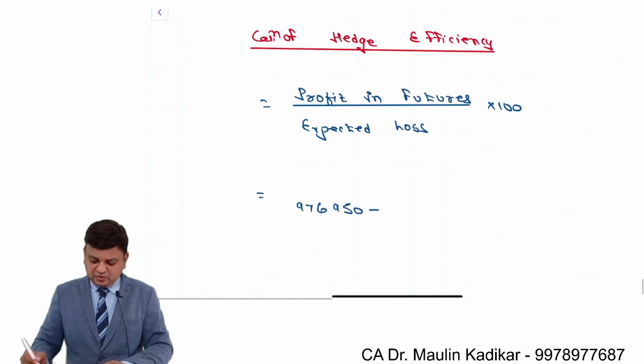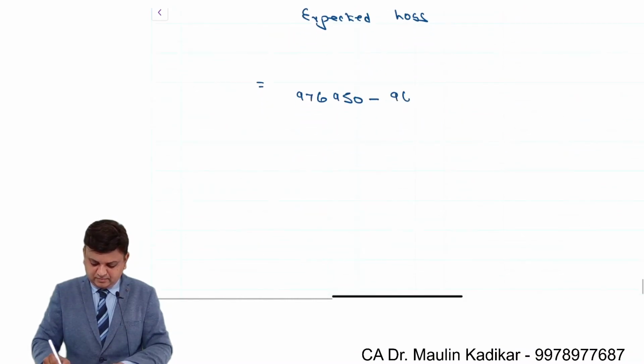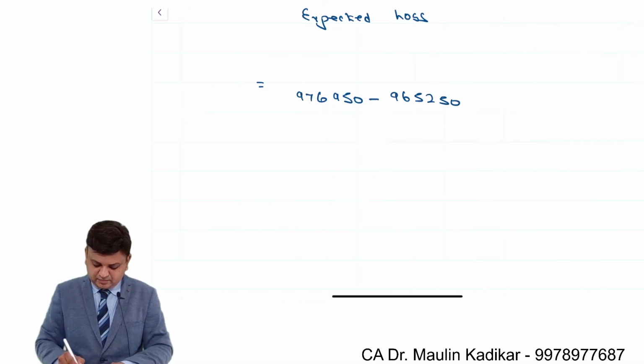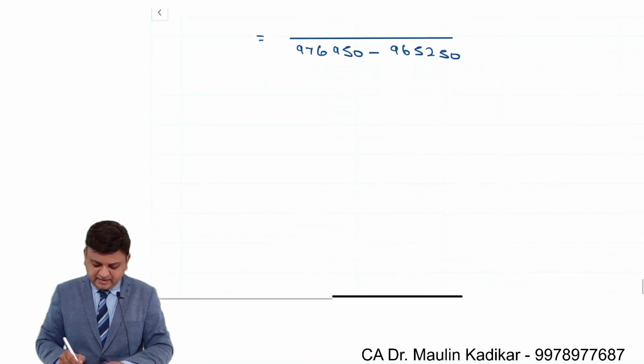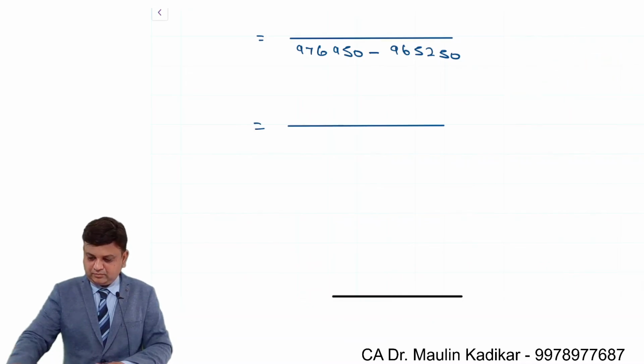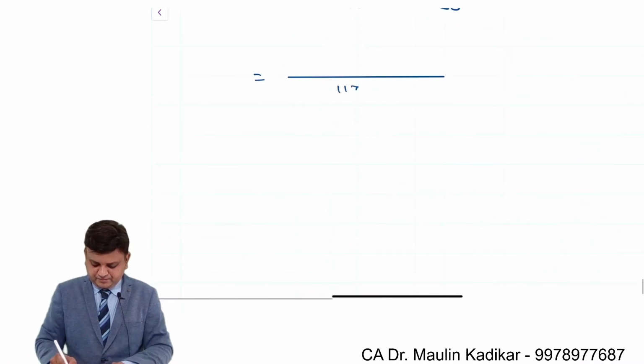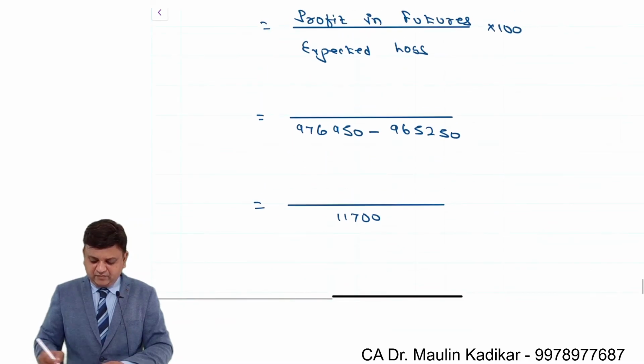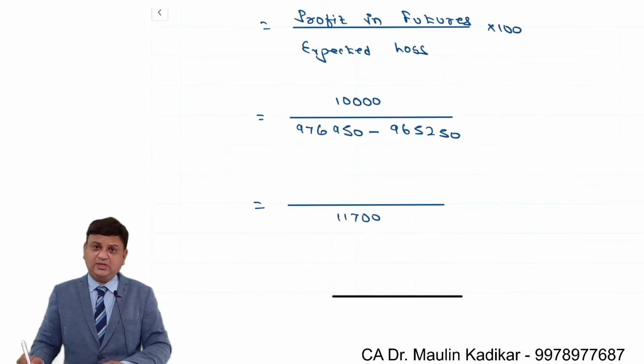So in comparison to the existing, the amount of the payment is more. By what amount it is more? Let us check that. It is more by 11,700. We understand that the profit in futures that you are able to make is 10,000.